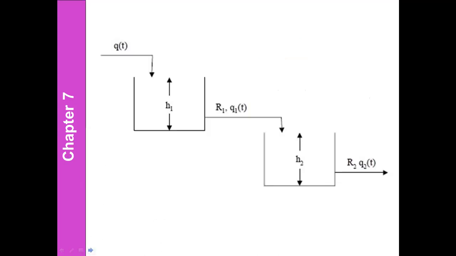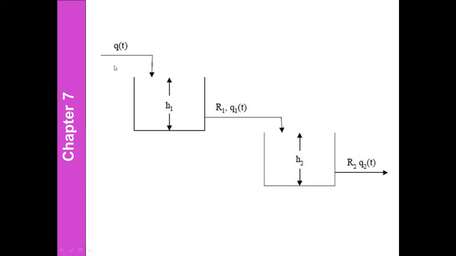Now, if you look into the illustration for this type of system, you have a simple liquid level system here, which has two tanks. The flow rate through linear resistance 1 is labeled as Q1. The flow rate through resistance 2 is labeled as Q sub 2. You have the levels as H sub 1 and H sub 2 for tanks 1 and 2 respectively.